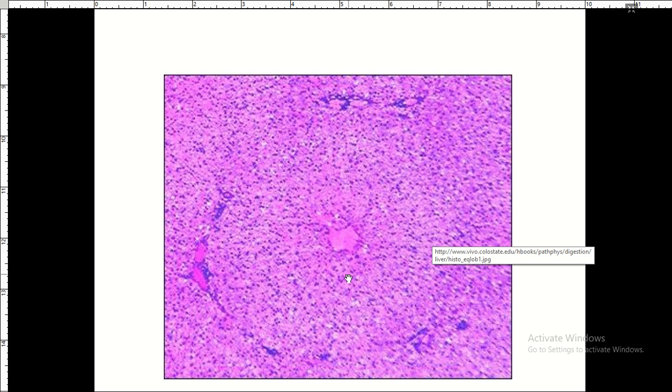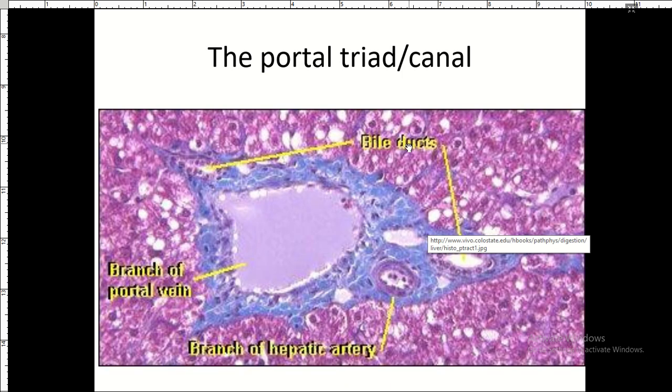Another diagram right here. This is your central vein. This is another portal triad here. I can see another portal triad here, right? And another portal triad being formed here. So definitely an irregular large lumen, that's a characteristic of a vein. So this is a vein, a portal vein, and this becomes your artery because I can see smooth muscle right here, right?